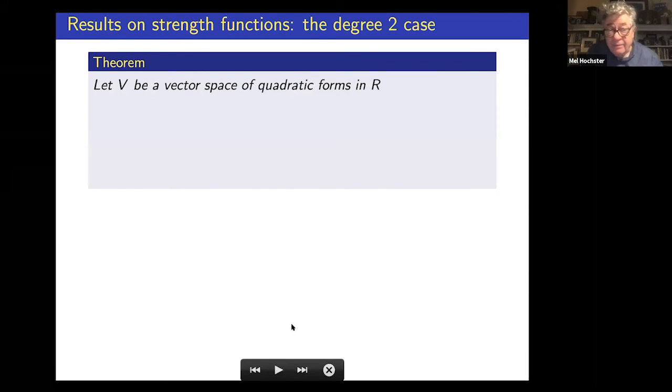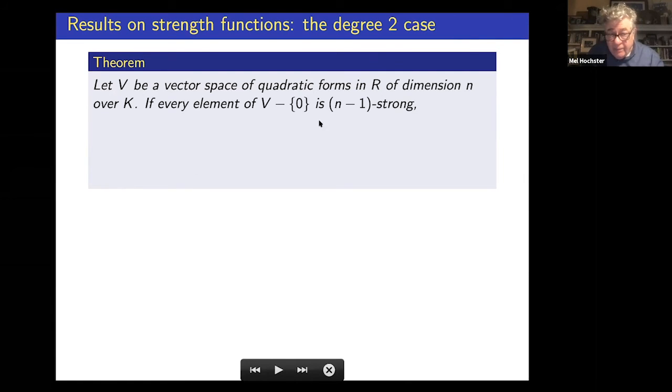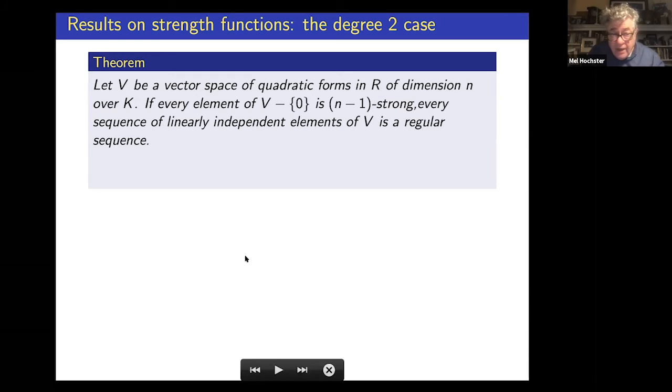And I'm not going to be able to give any detail about proofs, of course, but for quadrics, it's really nice. So you have n quadrics. If every element is n minus 1 strong, then every sequence of linearly independent elements in the vector space is a regular sequence.